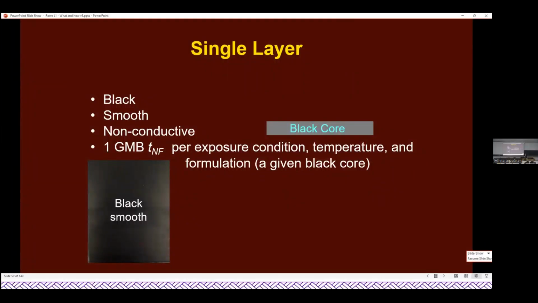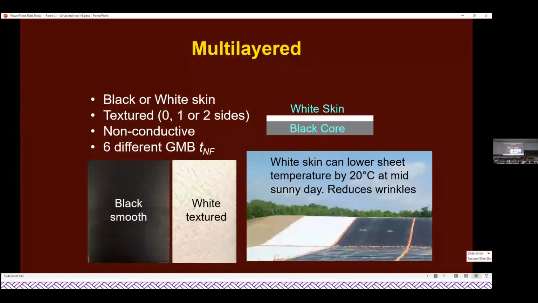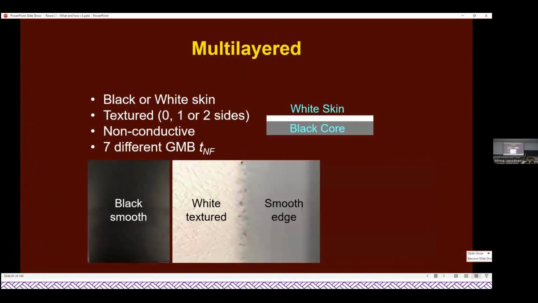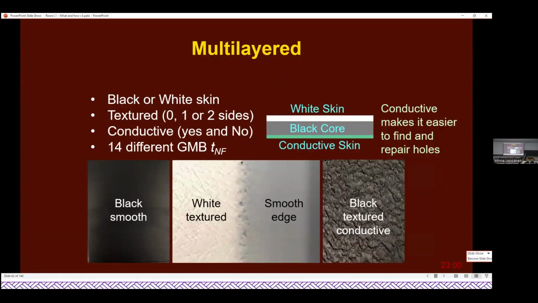And that's just for the black smooth plastic. And we now have far more than just a black smooth plastic. We have textured, one side, two sides, or no sides. We've got white. We've got a white textured with a smooth edge. And then we add conductive to that.